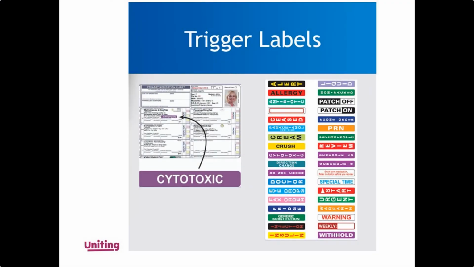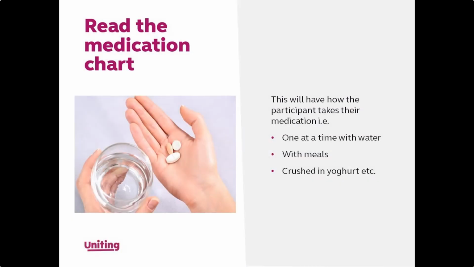Trigger labels are also available to be attached to medication charts and to Webster packs. The trigger labels are available from pharmacies and can be ordered from the pharmacy. It's really important that you read the detail recorded on the medication chart.